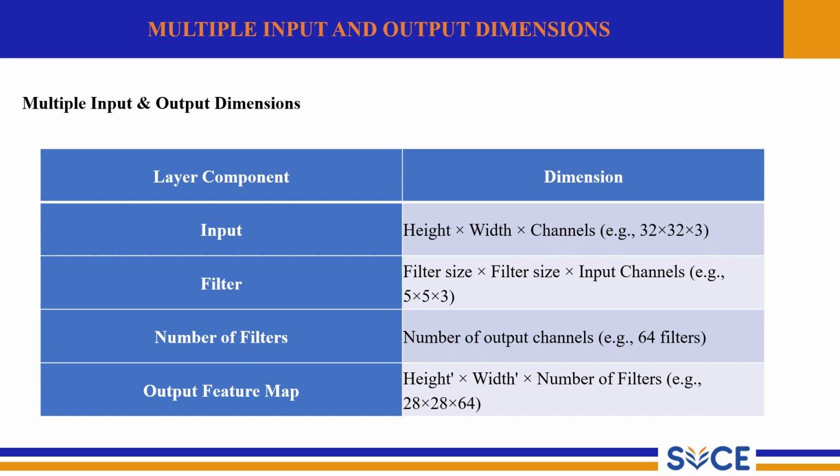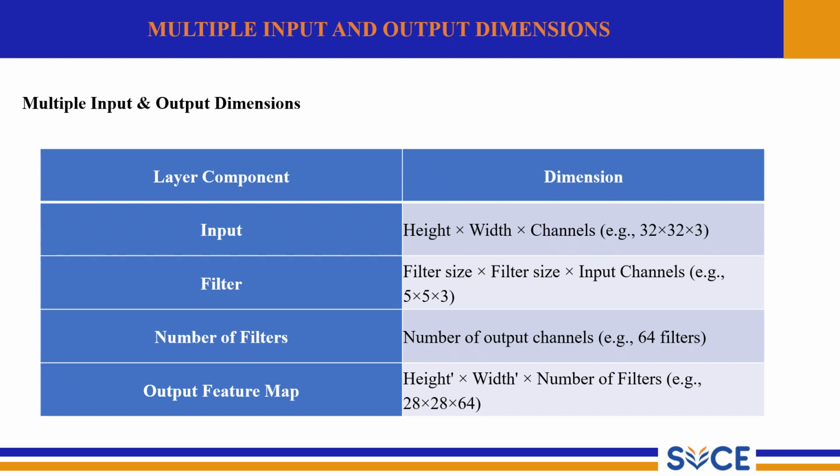For instance, a 5 cross 5 filter applied to an RGB image has the dimension 5 into 5 into 3. The number of filters determines the number of output channels. If a layer uses 64 filters, the output will have a depth of 64.